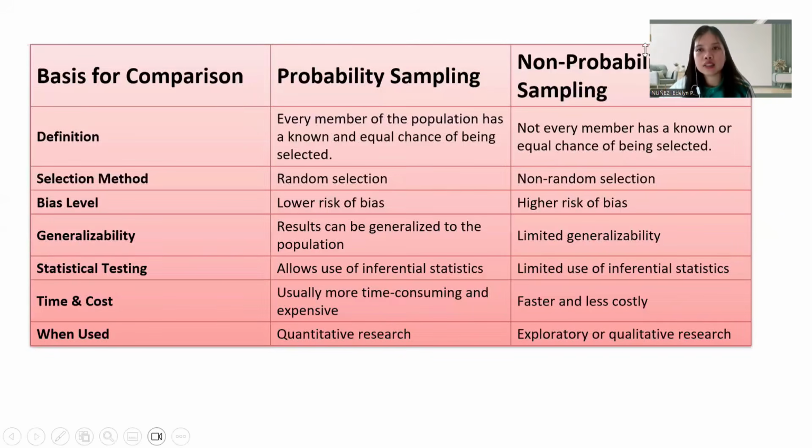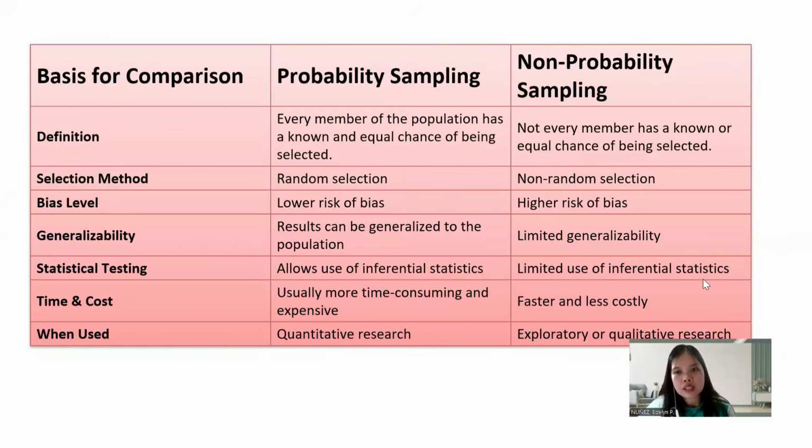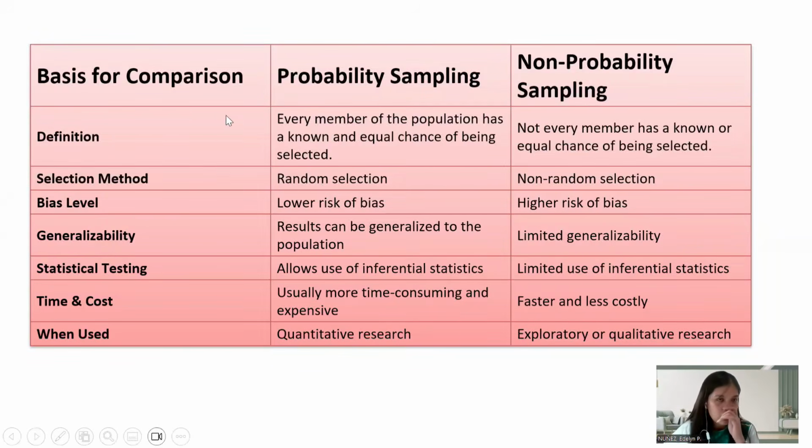Okay, let's differentiate probability and non-probability sampling. In probability sampling, we give everyone a chance to be selected as a sample. But in non-probability sampling, not every member has a known or equal chance of being selected. Examples of probability sampling are simple random sampling, systematic random sampling, stratified random sampling, and cluster sampling.